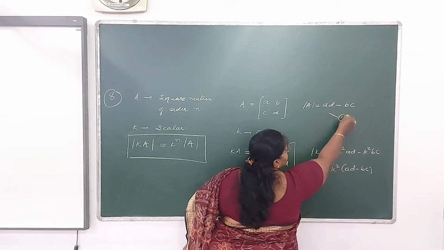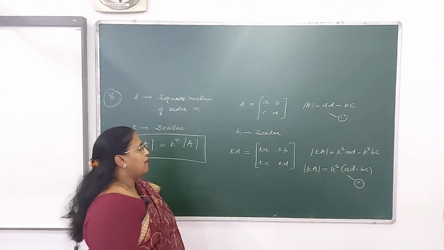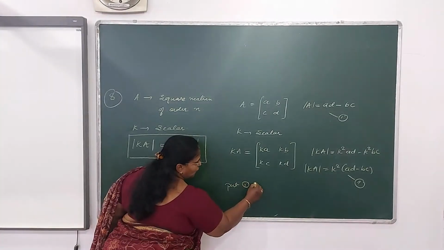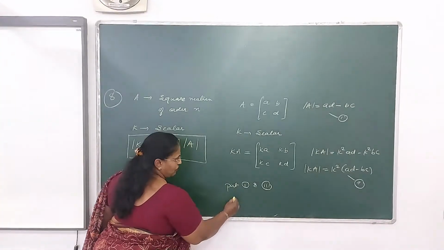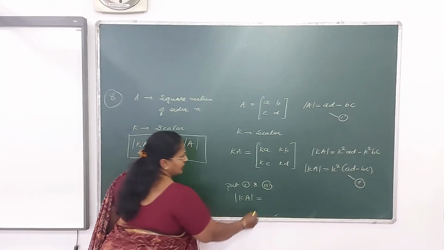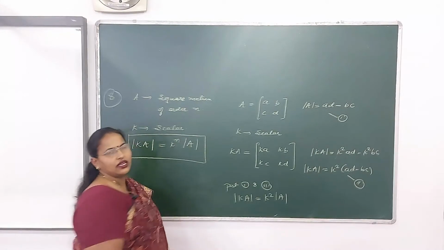Let this be equation 1 and this be equation 2. Now put the value of 1 in 2. Now what will you get? The determinant of kA will be equal to k square into the determinant of A.